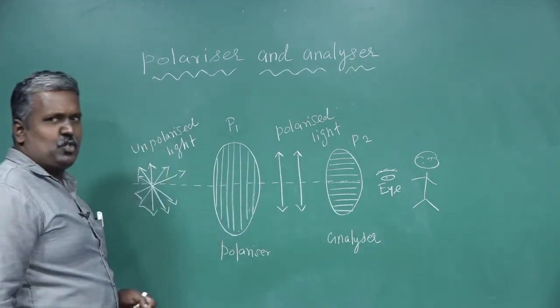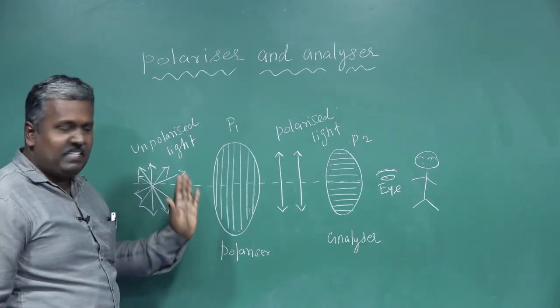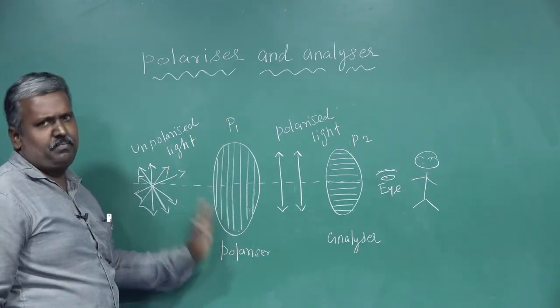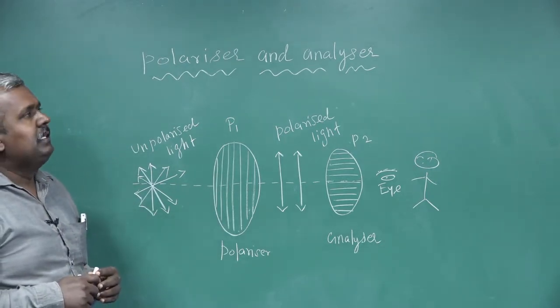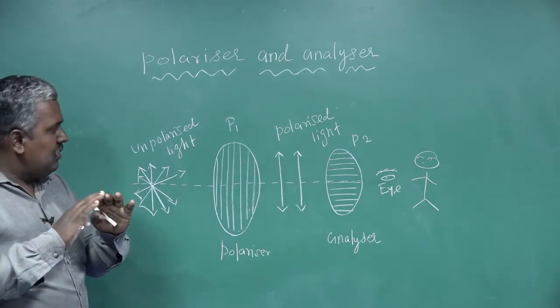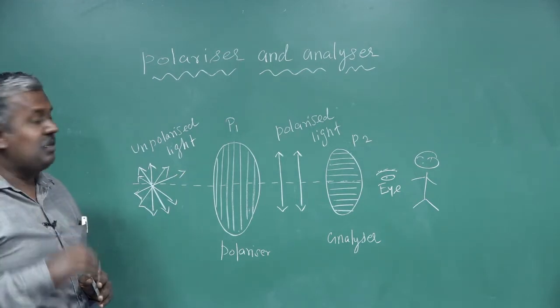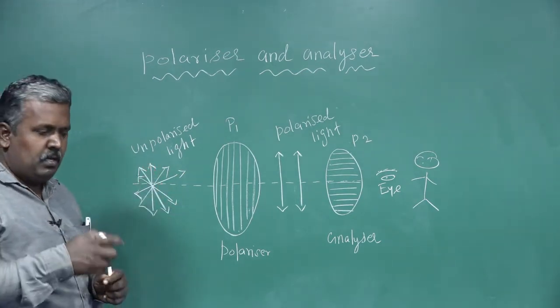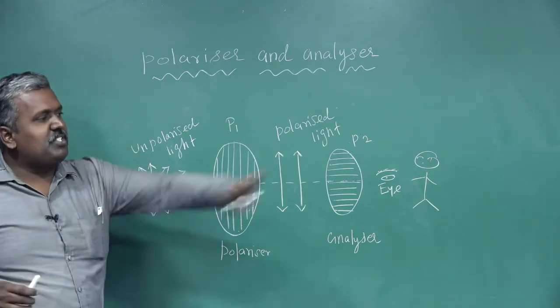Let us consider first an unpolarized beam of light incident on polarizer P1. What is meant by unpolarized light? It has vibrations in all directions. That means the vibrations of the unpolarized light will be in all directions perpendicular to the propagation of the light.